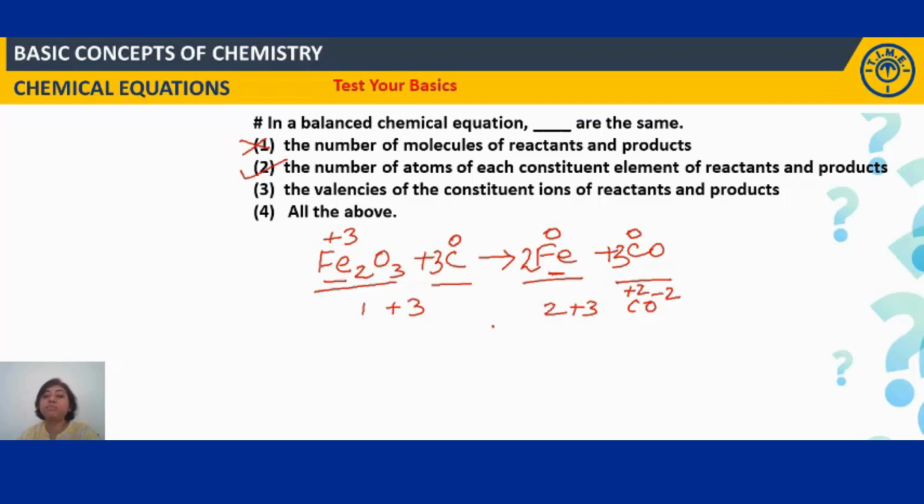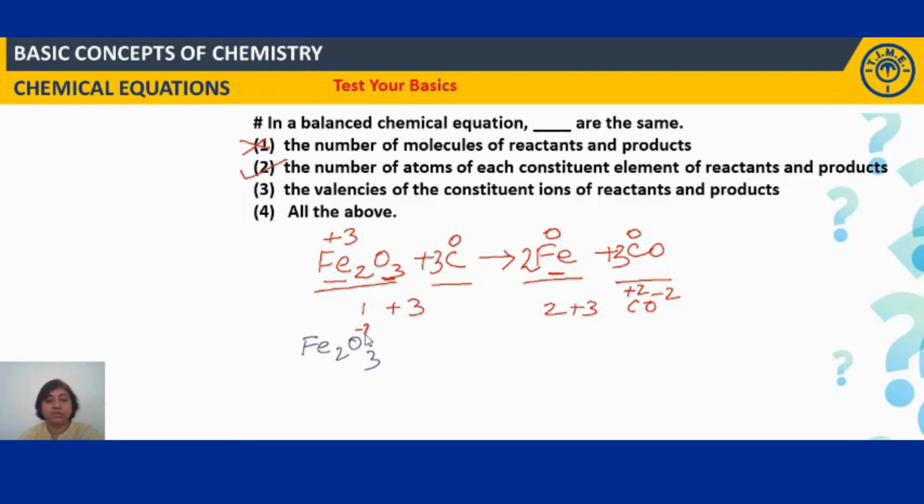In certain equations you may find it the same, and that equation is not considered an oxidation reduction reaction. If the reaction is an oxidation reduction reaction, there must be a change in the valency. Even in an oxidation reduction reaction, there could be some elements whose valency does not change. So in this case we will work it out for oxygen. You see Fe2O3. What is the valency of oxygen here? Let me change the color.